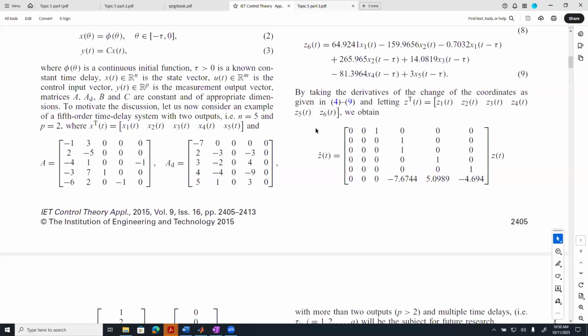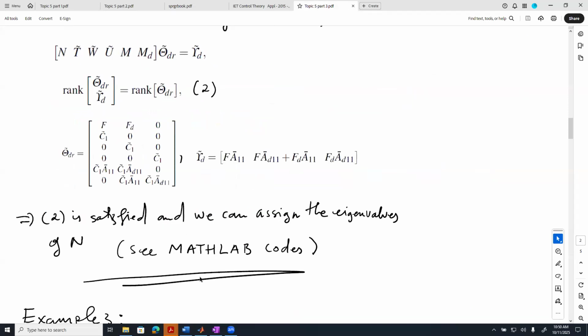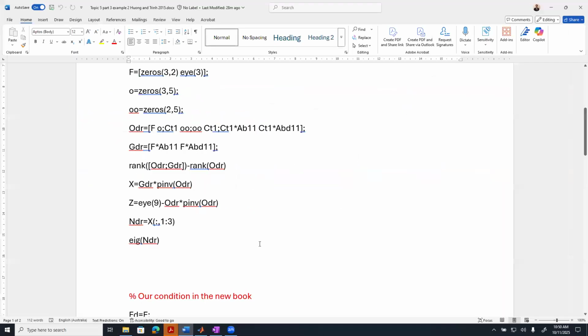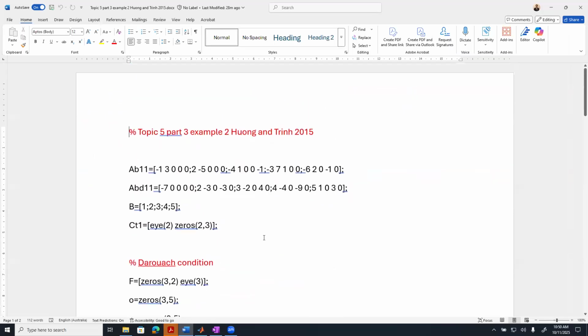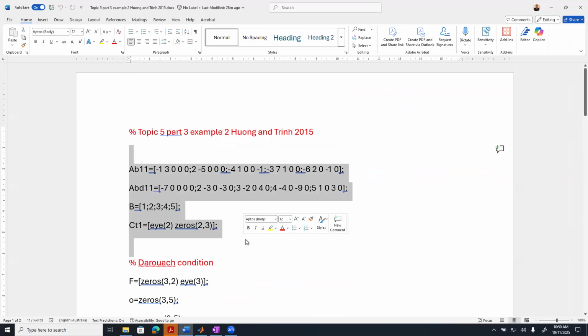So let us go back to this numerical example and have a look at the coding that we actually implemented for it. We have the matrices A, AD, B, and C given in here.